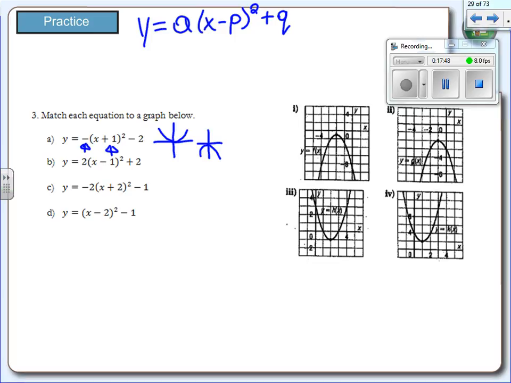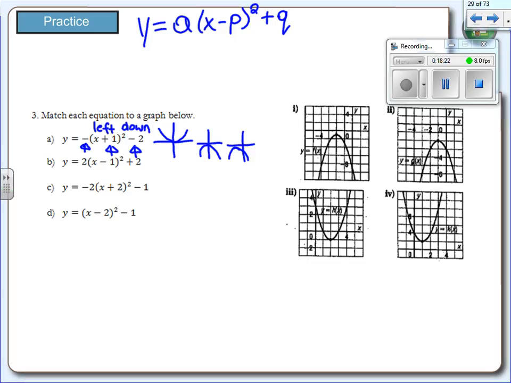So I'm looking for a graph that is now upside down and to the left a bit. And then I look at my q value, and I notice that it's -2, which means I've gone down. So I'm looking for a graph that has gone to the left, has moved down, and is also facing downwards.